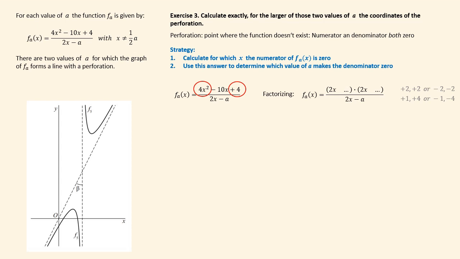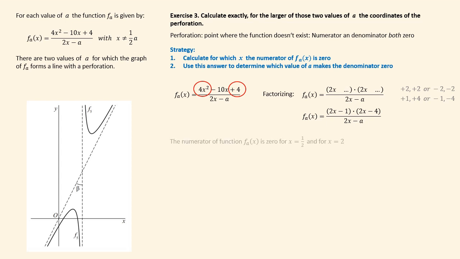And now we're going to simply try each of these 4 options in the numerator and see what happens. It turns out that if you take the last one, minus 1 times minus 4, that is the correct answer to get the numerator in the original fa of x back. So here we are, fa of x equals 2x minus 1 times 2x minus 4 divided by 2x minus 8.